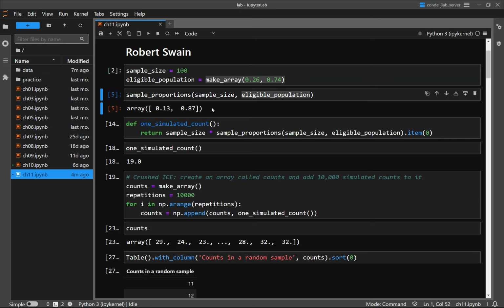And we could simulate, because it's 100 jurors, it's very easy, right? We were able to simulate how many black jurors were on our sample jury. In this case it was 13, but every time it's random and it changes. That's item 0, after you multiply it by the sample size, or 100. That time it was 19. If I rerun that, it gives me a different one.